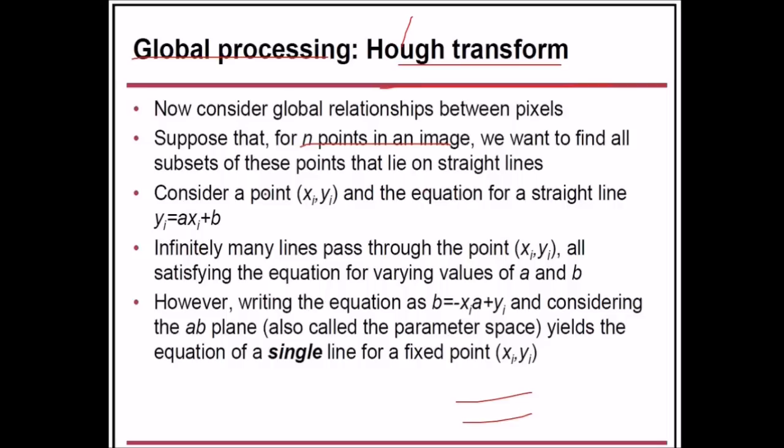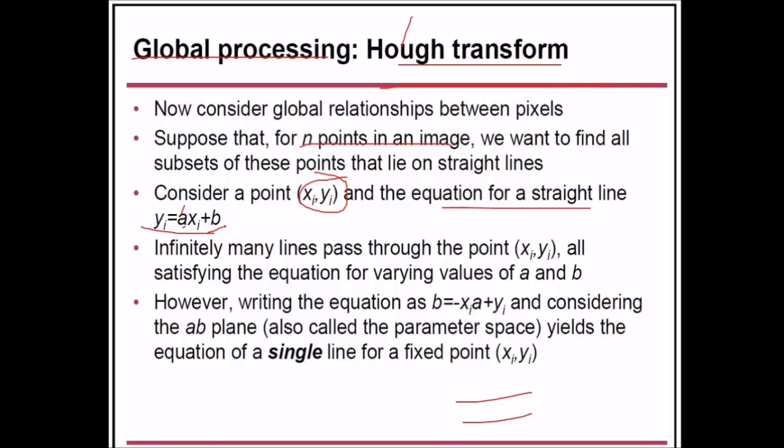Now we consider a point xi, yi in the equation of the straight line, y equals mx plus c, or y equals ax plus b. This is the equation of the line. There are infinitely many lines which pass through xi, yi, all satisfying the equation for varying a and b. This m can be changed and c can be changed.